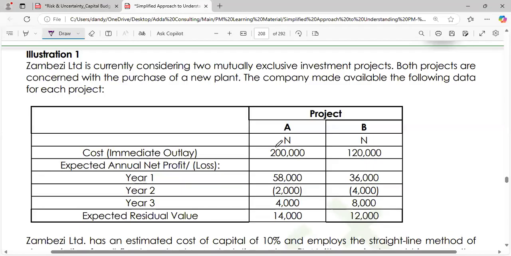When you look at the figures given to you, remember when I was explaining payback period, NPV, and internal rate of return, I mentioned that for all those techniques you use cash flow. But for accounting rate of return, you need accounting profits. In this question, the examiner has given expected annual net profit or loss.